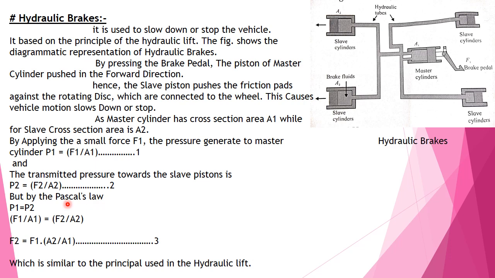By Pascal's law, the pressure at every point remains the same. Therefore, P1 is equal to P2, F1 upon A1 is equal to F2 upon A2. Finally, we get F2 is equal to F1 into A2 upon A1, equation number 3, which is similar to the principle used in the hydraulic lift.